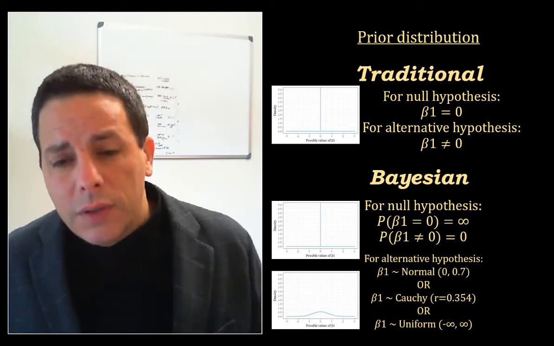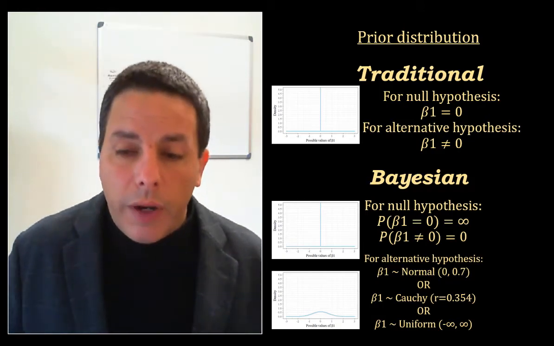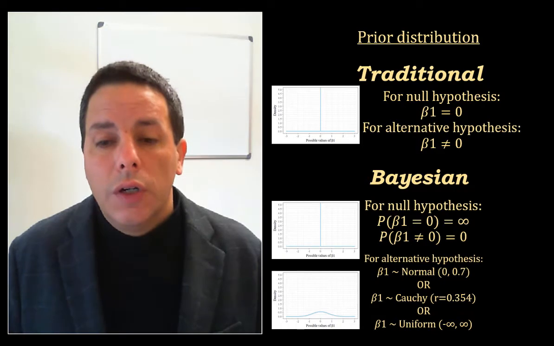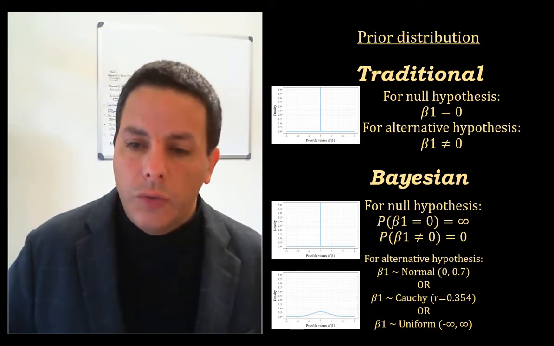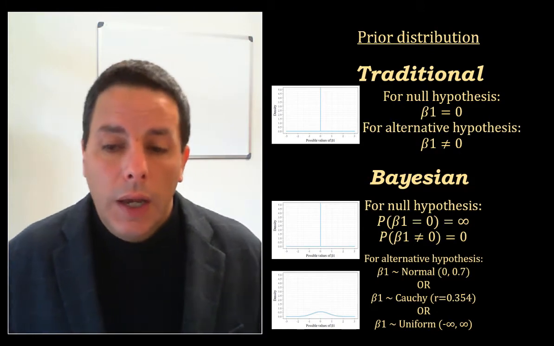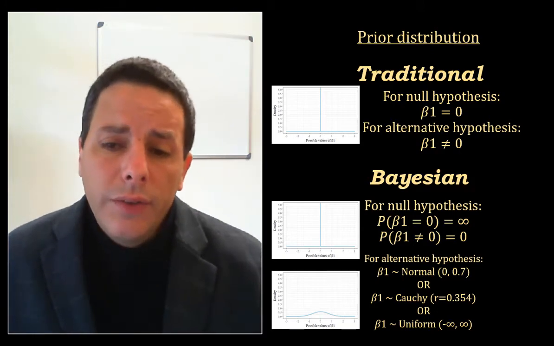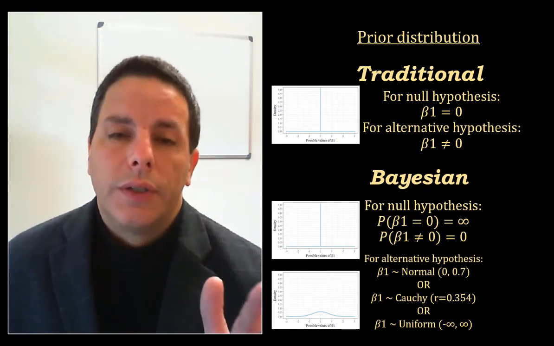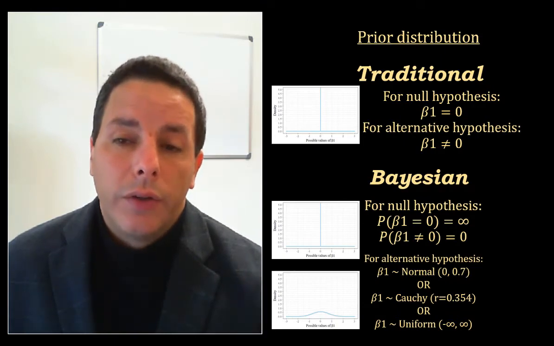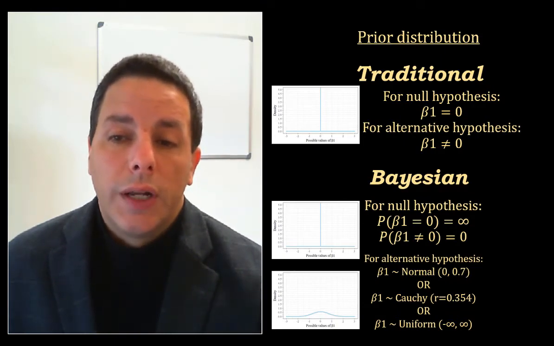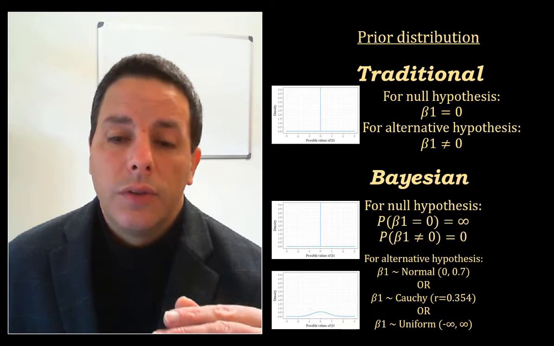In the Bayesian approach, we provide a prior distribution for the alternative hypothesis. And this is an important issue because the prior is the most controversial aspect of Bayesian statistics.